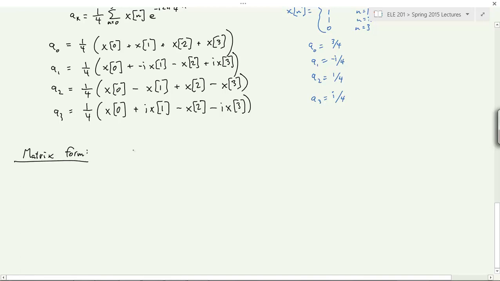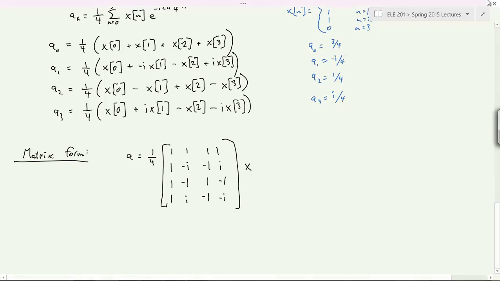So that is that A equals 1/4 times this matrix, 1, 1, 1, 1; 1, negative I, negative 1, I; 1, negative 1, 1, negative 1; and 1, I, negative 1, negative I. And it's that times x, right?